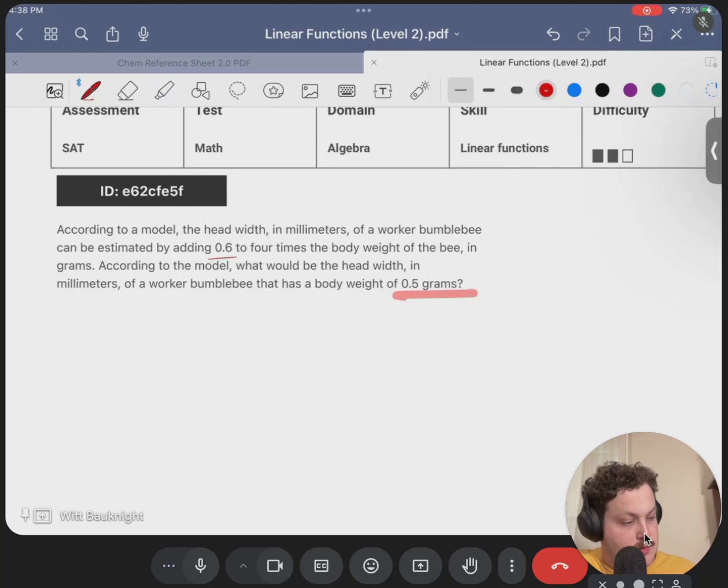Okay, so the head width is equal to 4 times the body weight plus 0.6. But this is in millimeters, this is in grams. Cool.